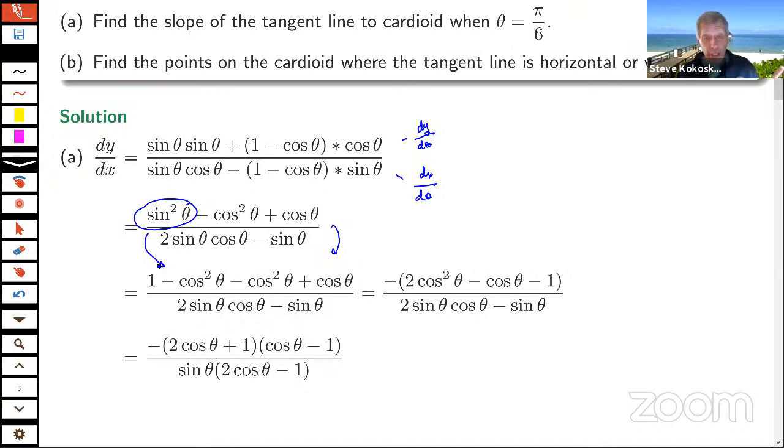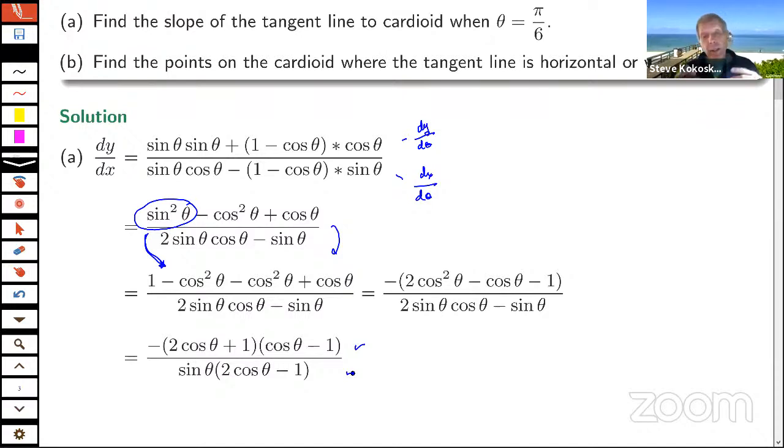I made a decision here to get everything in terms of cosine up there in the numerator. And I didn't do that in the denominator because once I made that substitution, I noticed that I could factor the numerator, and I can do a little bit of factoring in the denominator without any other sort of trig identity.